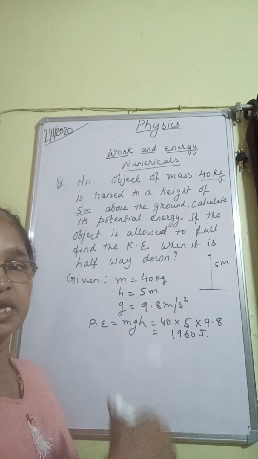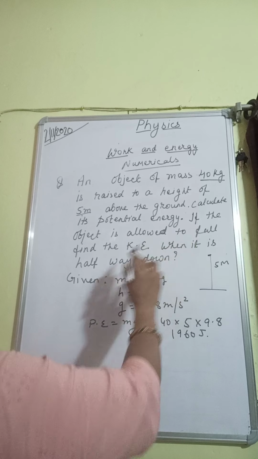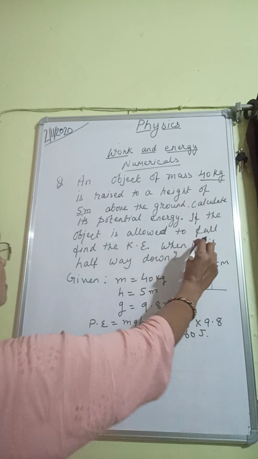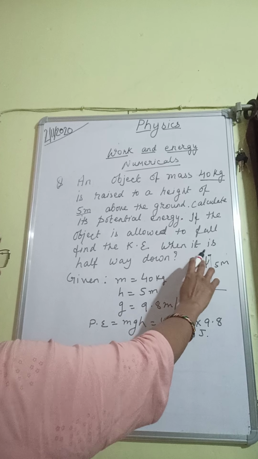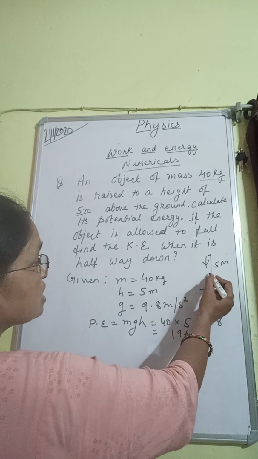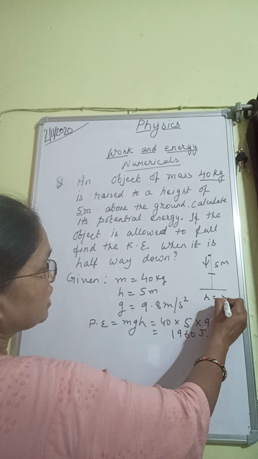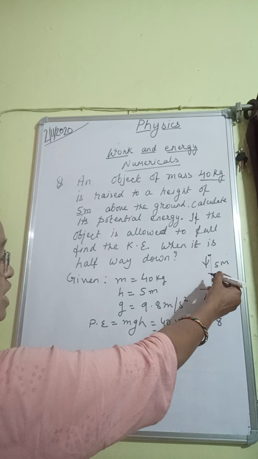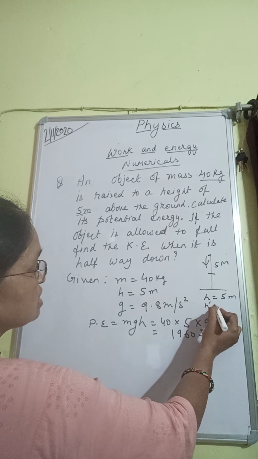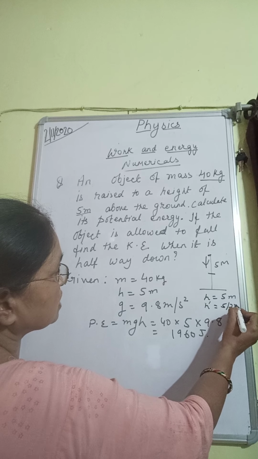We have got this potential energy. Now let us proceed to the second half of the question. If the object is allowed to fall, find the kinetic energy when it is halfway down. Means when it comes halfway. H was 5 meter. And when we have to calculate its kinetic energy, let its height be h dash and it is halfway, that means 5 by 2 meter.